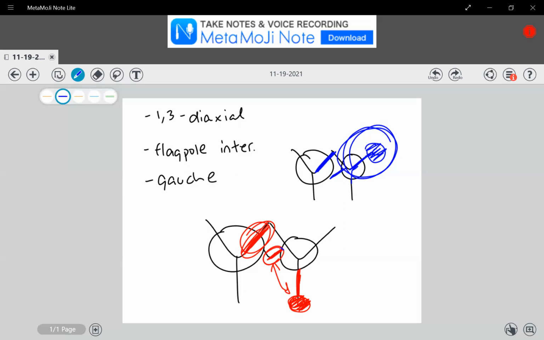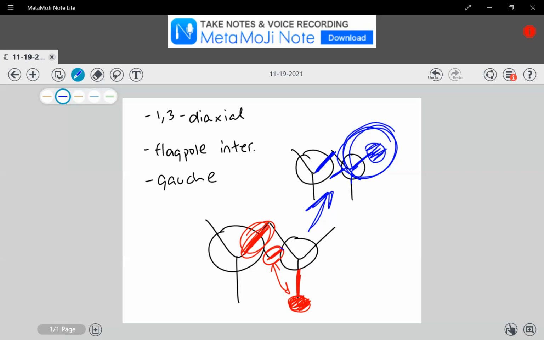Another key point though is that the axial arrangement of a large substituent, like a really big fat guy right over here, is destabilized. It's uncomfortable, which means that the molecule will have to flip itself so that the axial becomes equatorial. In other words, if the substituent is small, it can be axial, it can be equatorial, it's completely fine.